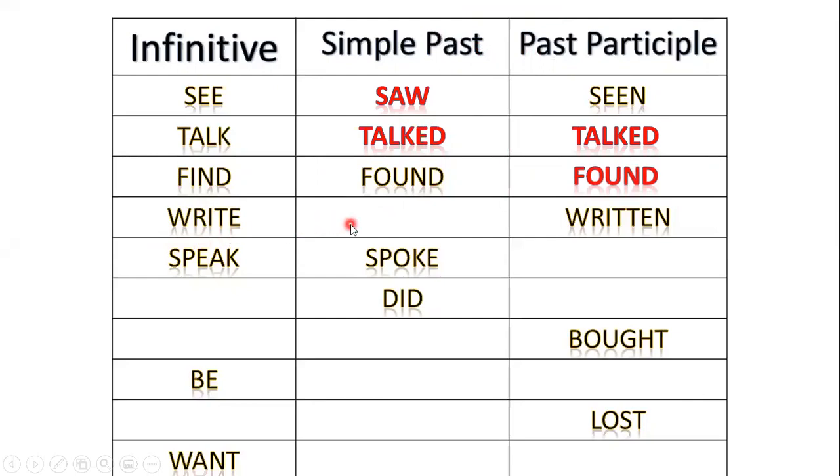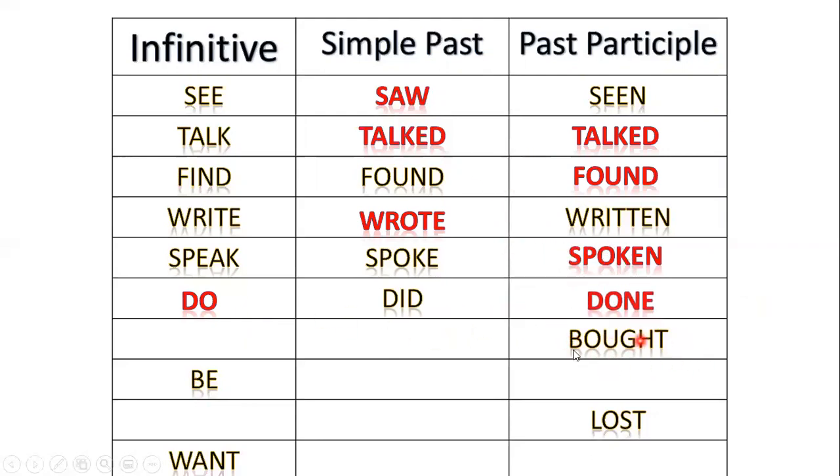Write, wrote, written. Speak, spoke, just like wrote, spoken. Did: what is the infinitive form of the verb did? Very good. Do, did, done. Not doed, no, done. Do, did, done.